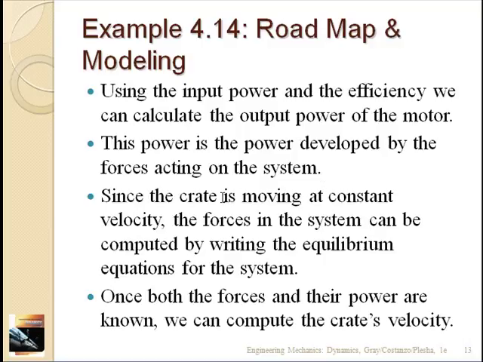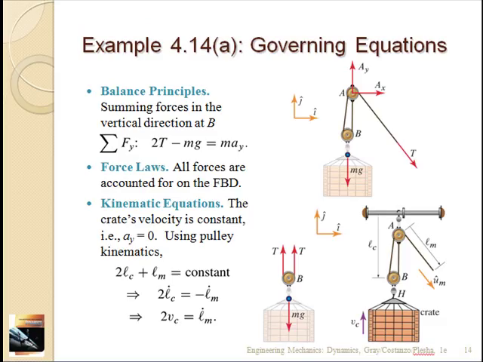Okay, and so since the crate's moving at constant velocity, we know its mass, we know its velocity, so the force that's acting on it is the tension in the cable, and we can work out how fast it's moving. All right. So we do a force balance on the crate.